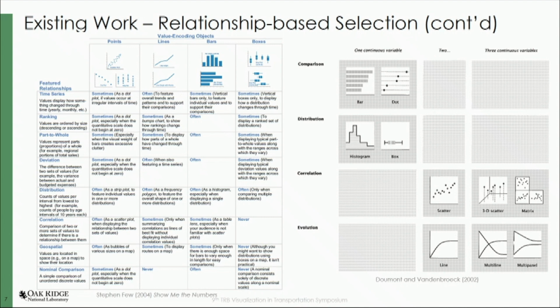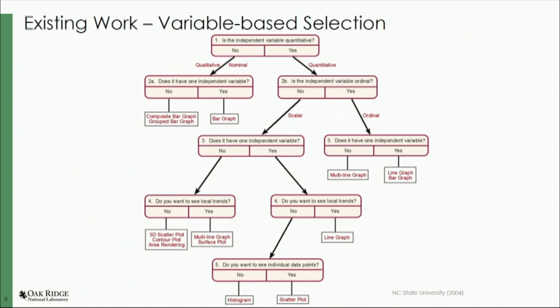I can programmatically, in my tool, give you suggestions. So my take on this is that instead of using relationship-based selection, it's kind of reverse from it. So it's looking at the variables that you're selecting. Based on these variables, then I give you some suggestions in terms of what charts can be used.